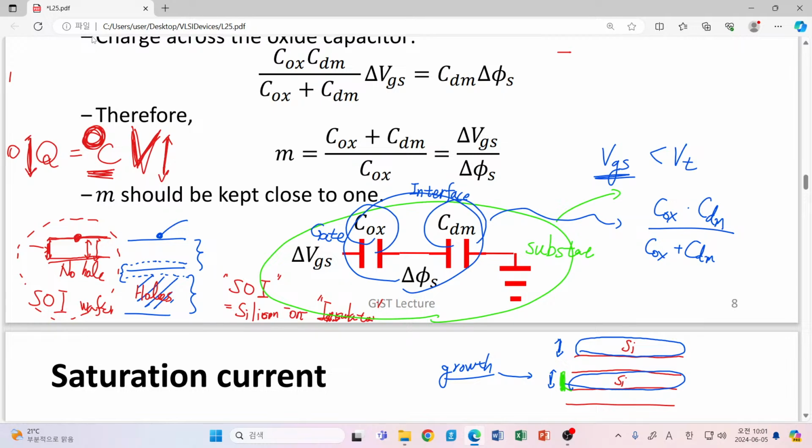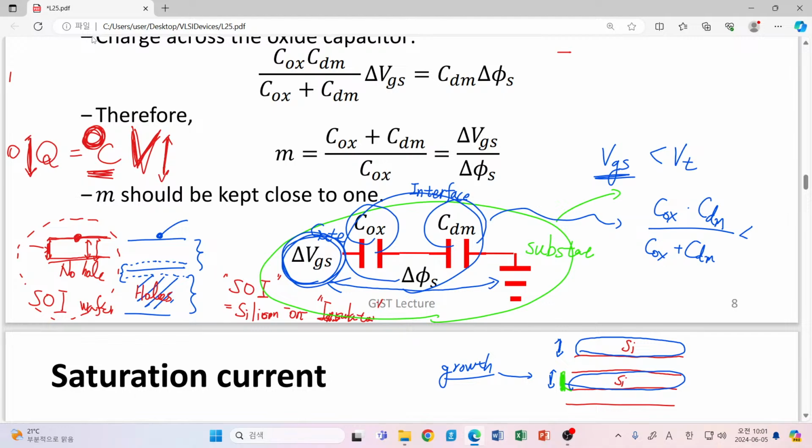Now let's assume that you have changed your gate voltage by an amount of delta VGS. So this delta VGS is the voltage difference across our entire system.